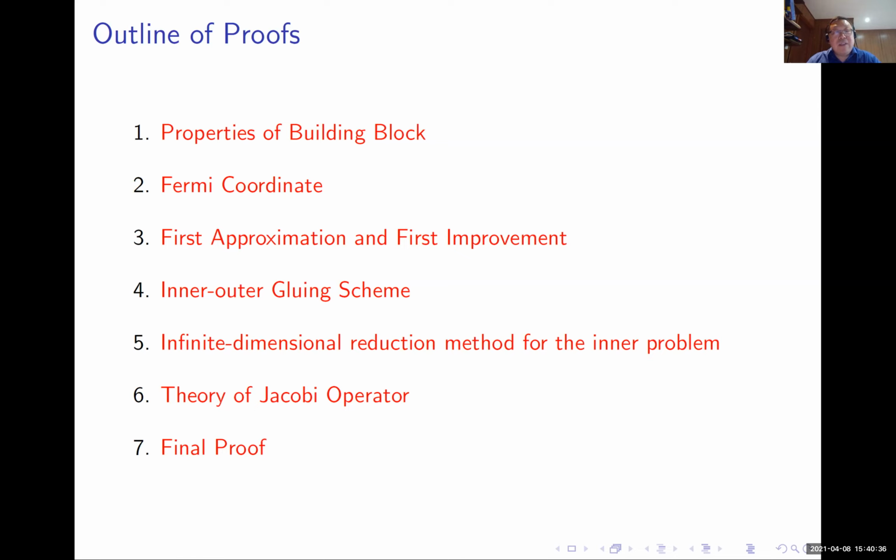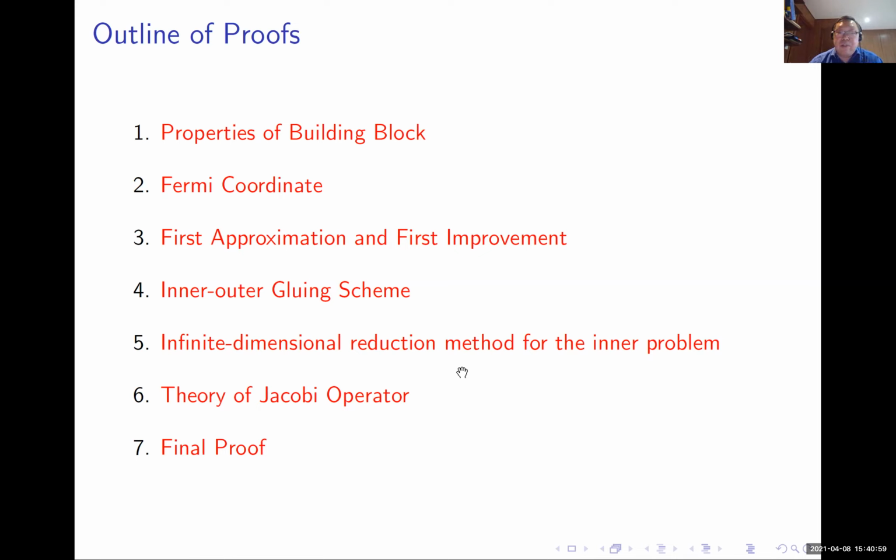After the Fermi coordinate, I will introduce the first approximation and the first improvement, and then the inner-outer gluing. So how we go from the local coordinate to a global coordinate, and we can reduce to a global equation.